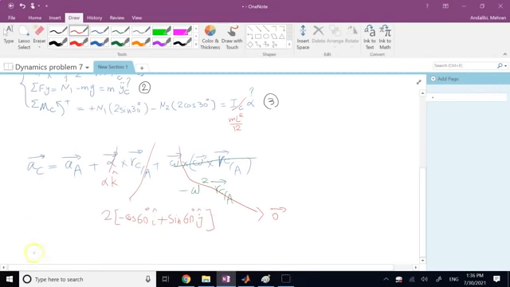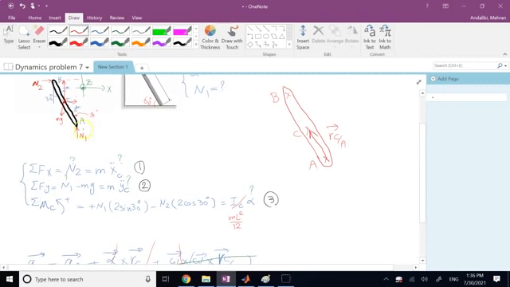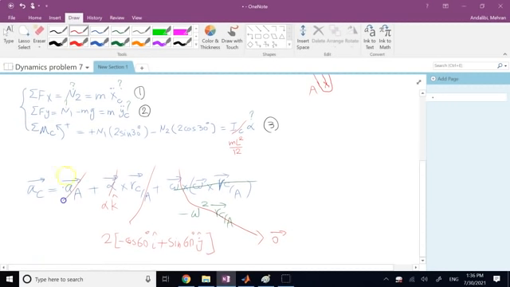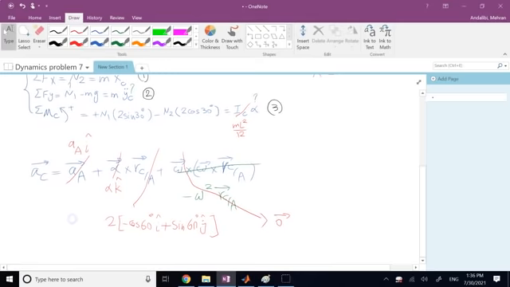a of A is what? a of A, we know that the only constraint we have on A, it has to move horizontally. Okay, so it's either in i direction or negative i direction. What's the magnitude of it? We don't know. So here we just assume this is a magnitude that we don't know times i. a of C is what?